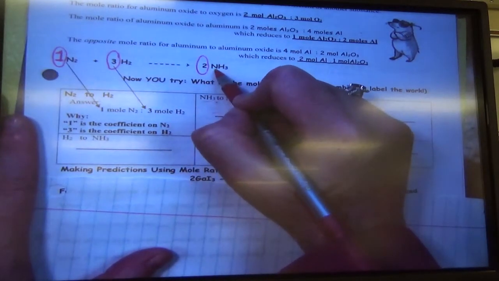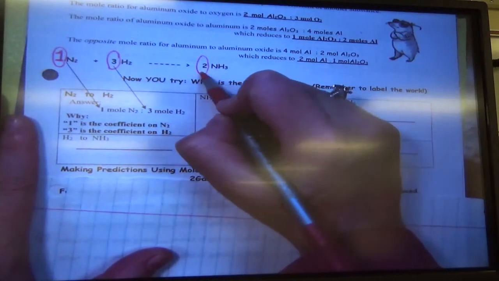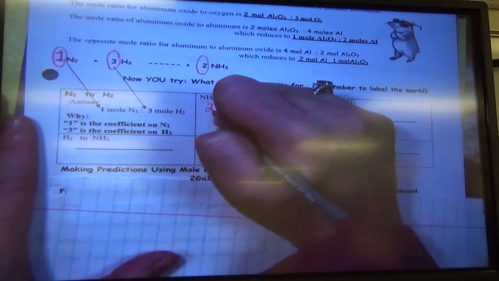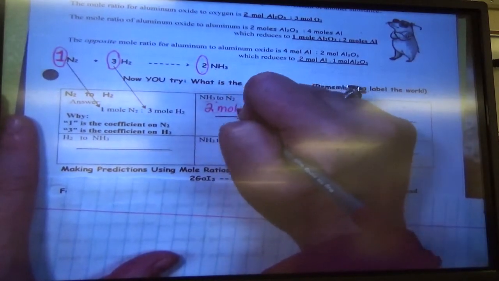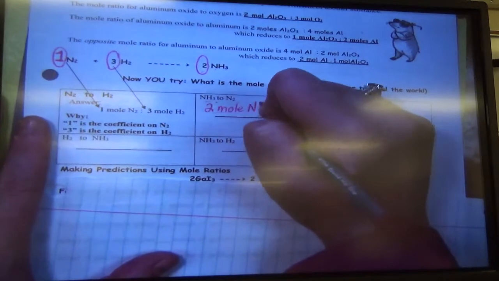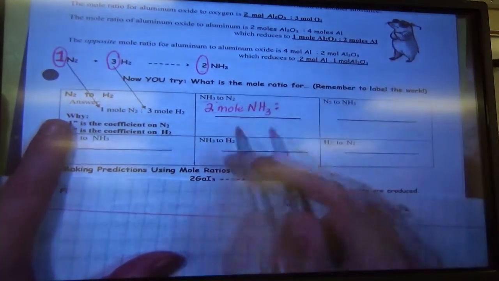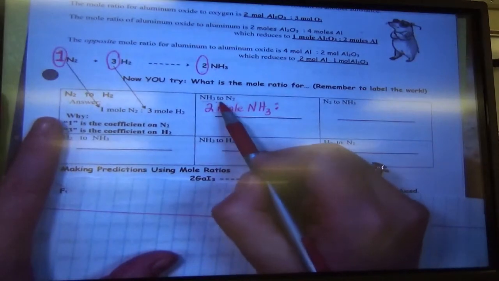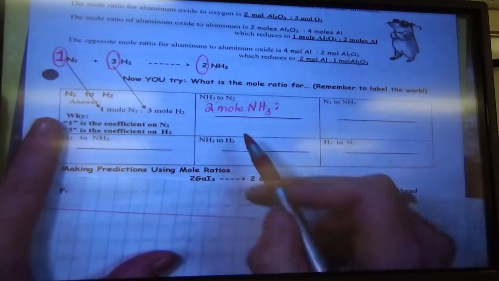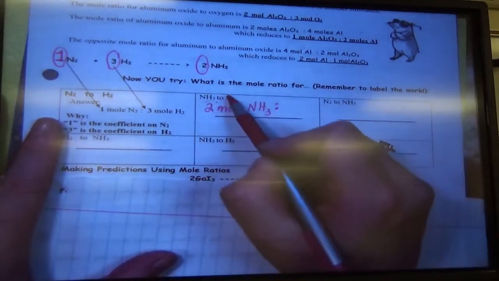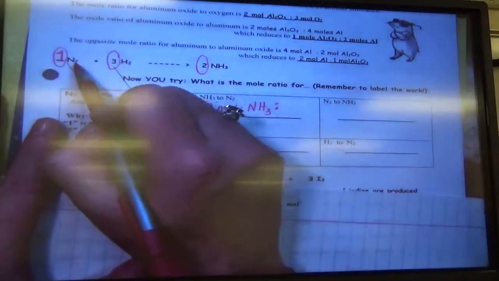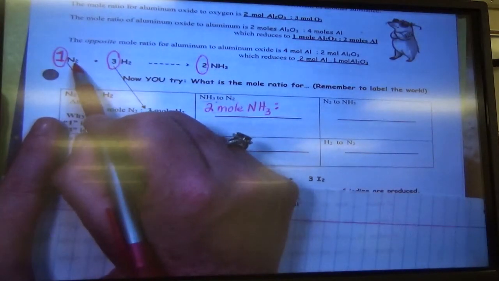What coefficient do you see? 2. Okay, so there's 2 moles of NH3 for every, notice, then it says N2, nitrogen, in other words. Go to nitrogen. What's the coefficient on nitrogen? 1.